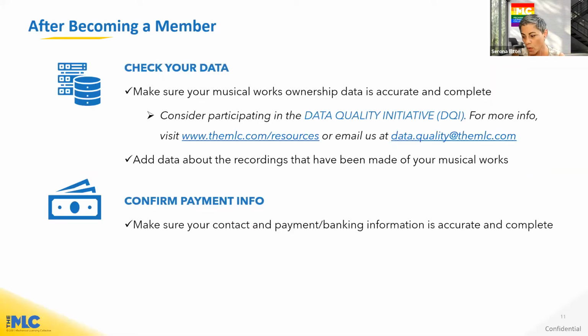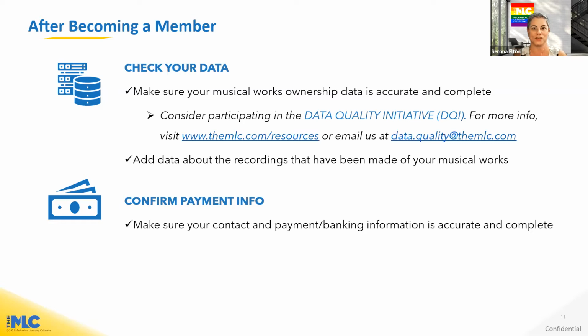There's also a really cool opportunity to check your data, whether you are or are not a member. Once you become a member, you should log into the portal and look at all your musical works data. There is also something available to everybody, member or not, called our Data Quality Initiative, our DQI.